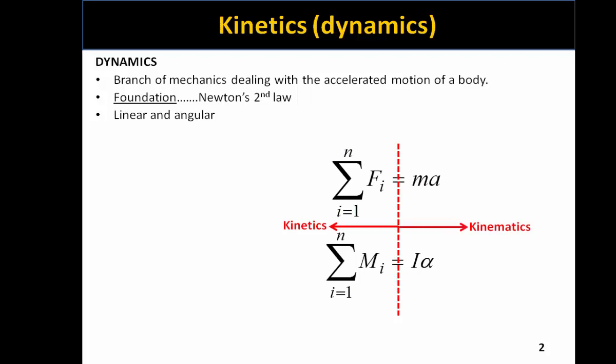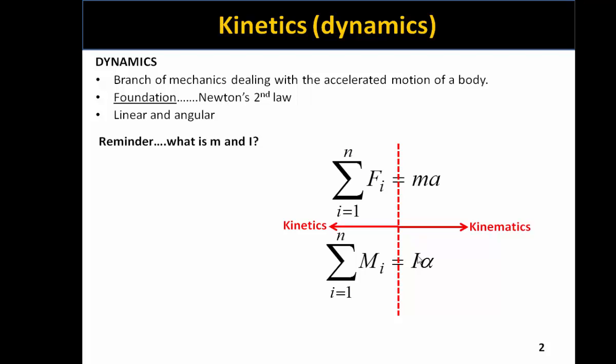The beauty of Newton's second law is that the equal sign creates a marriage between the two branches of biomechanics, the kinetics branch and the kinematics branch. As a reminder, in terms of m and I, it's important to know that a is linear acceleration, alpha is angular acceleration, and these are the two kinematic measures.